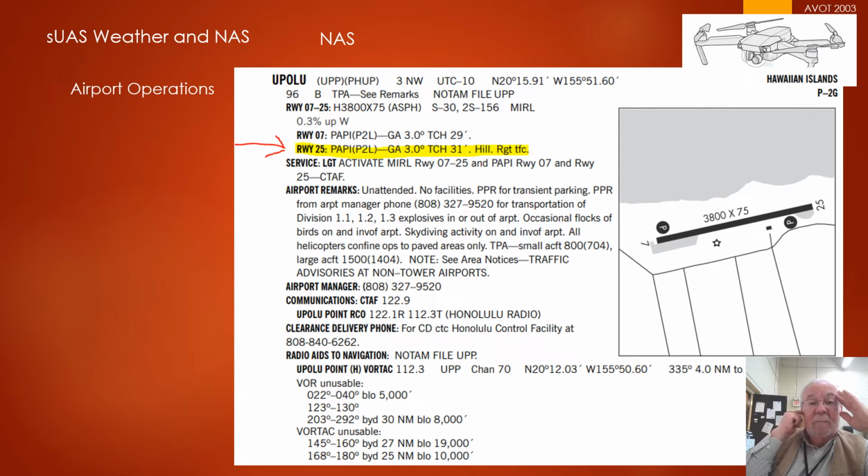Okay, here's an example of a chart supplement US. This is a diagram of the airport, but I just want to point out this is runway 25. PAPI is the approach lighting system.